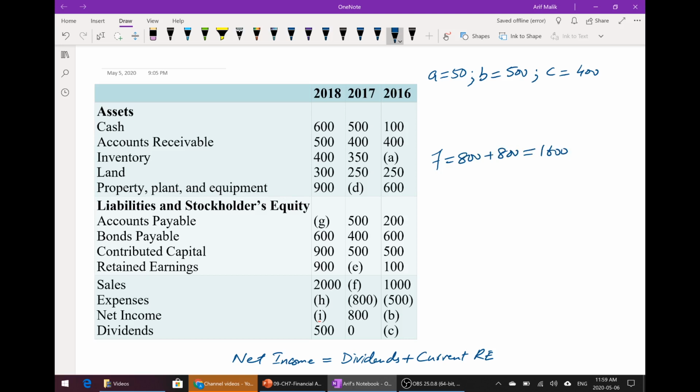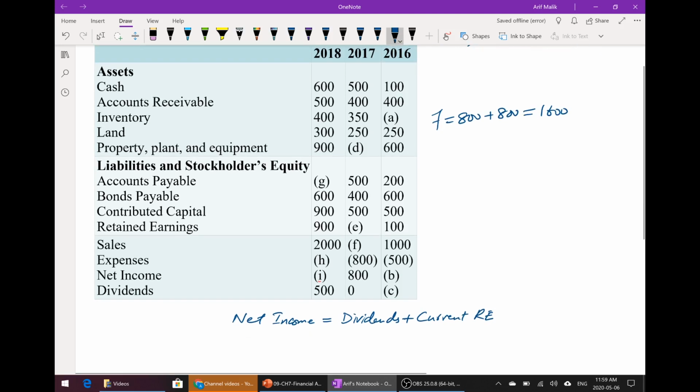The dividends are given, so we can find out the current retained earnings. From this equation here, we can work out the current retained earnings. The dividends are given 0. Therefore, the net income is 800. The current retained earnings are then equal to 800.